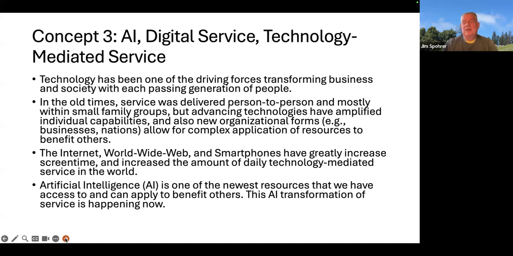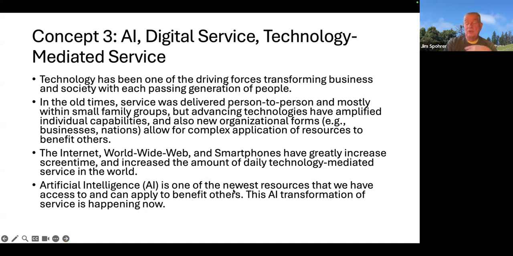In old times, service was delivered person to person and mostly within small family groups. But as technology advanced and amplified the individual capabilities and also organizational forms, businesses and nations, this allows complex application of resources to benefit others. The internet, the World Wide Web, and smartphones have greatly increased screen time and increased the amount of daily technology-mediated service in the world.